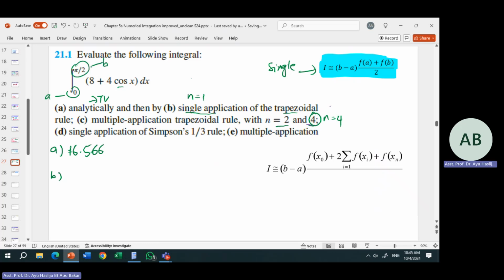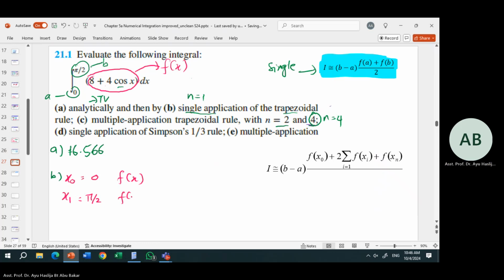This is your B. Okay, this whole thing is your f(x). So your n is 1, x0, x1. x0 is 0, x1 is pi over 2. So your f(x), key in into the function.